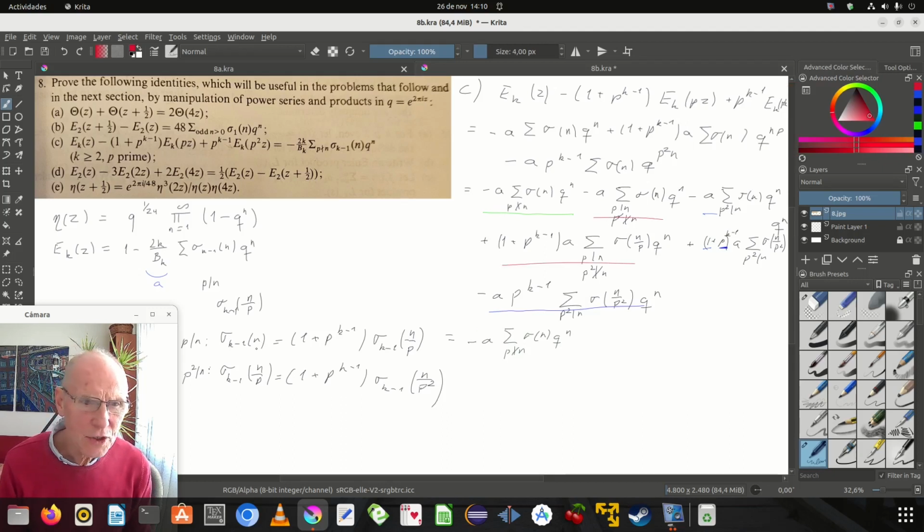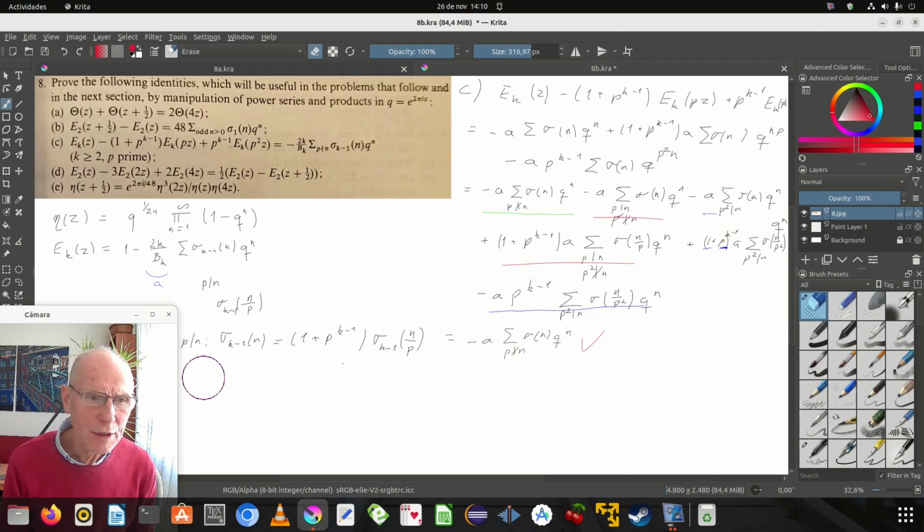Which vanish by this formula, meaning we don't need this. Well, that's it. So we are left with the result here, which is what we should get. So when I've had my coffee, I'll continue with part E.